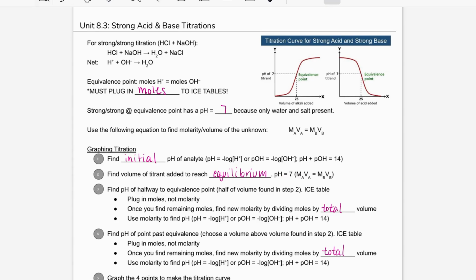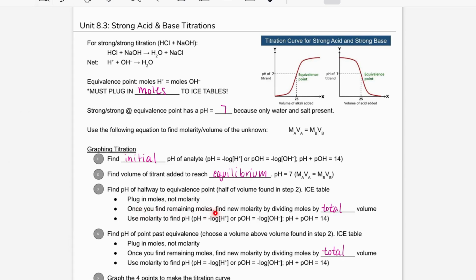Step 3 and step 4 are a bit more involved. For step 3, we're going to find the pH halfway to the equivalence point. So it's going to be half the volume that we found in step 2. We'll find the moles of whatever starting solution we have, usually an acid, but sometimes a base too, so whatever our analyte is, and then we halve that as well.